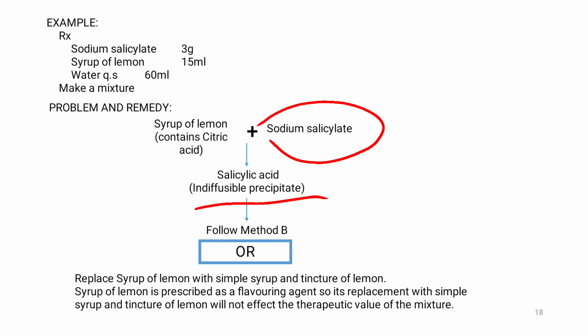Another remedy is that we can replace the syrup of lemon with simple syrup and tincture of lemon. Here syrup of lemon is used as the flavoring agent, so it does not have any therapeutic value.